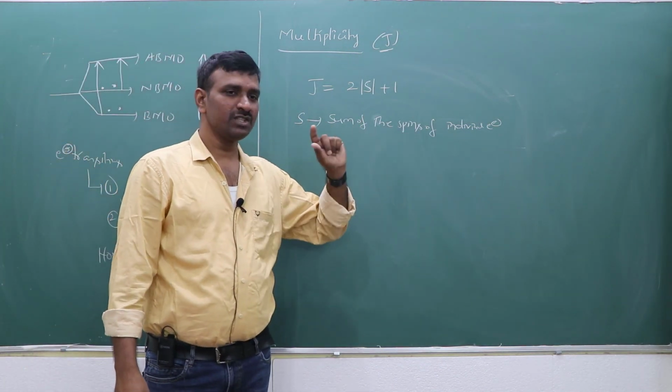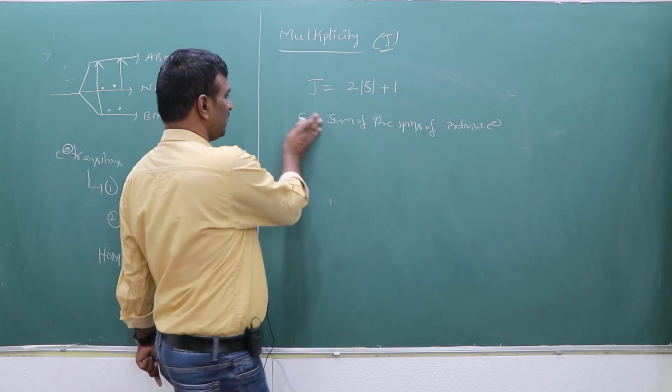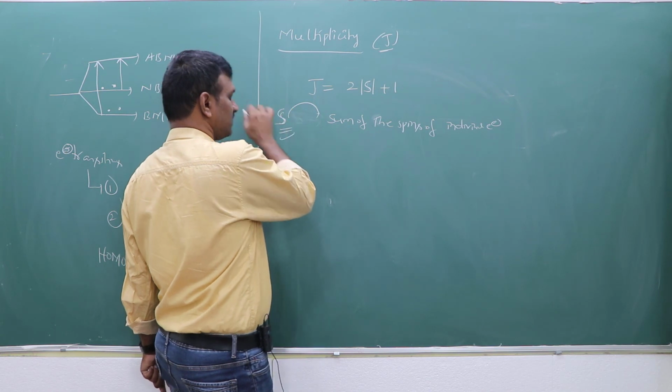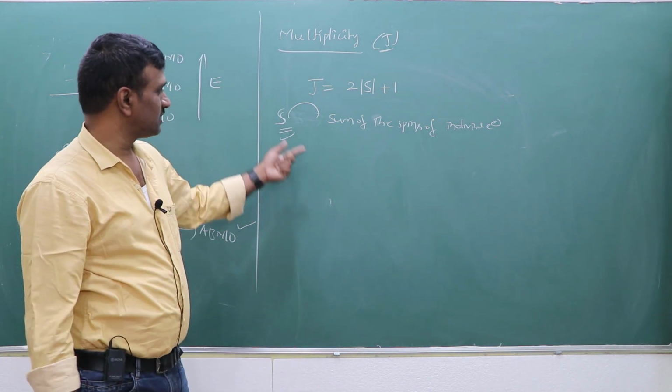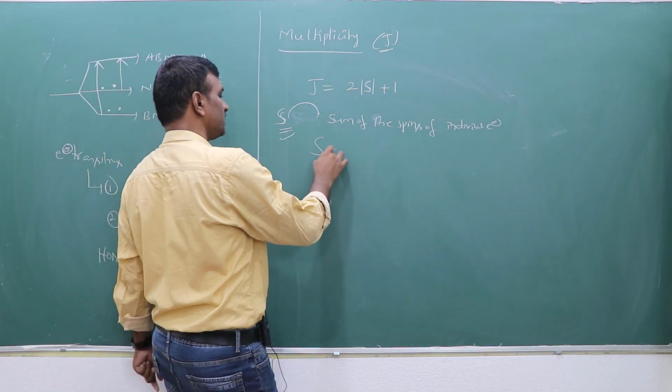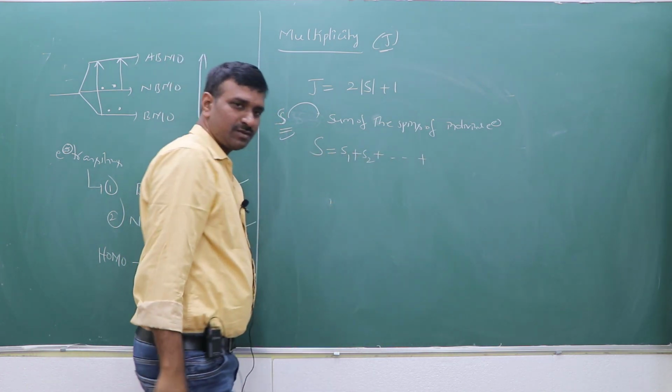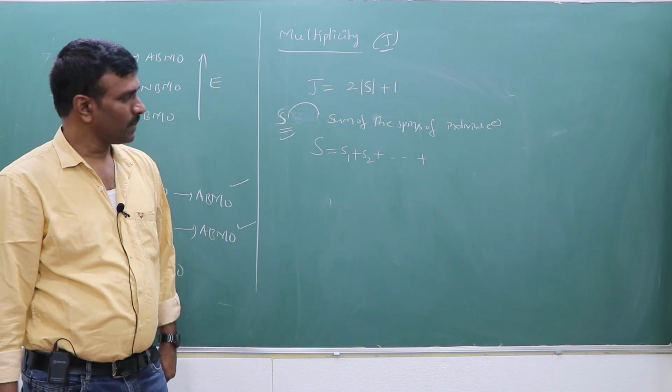How to calculate the sum of the spins of the individual electrons? That gives the resulting spin quantum number value, which can be obtained as the sum of the spins of the individual electrons.